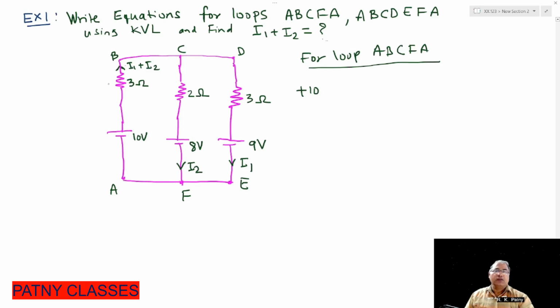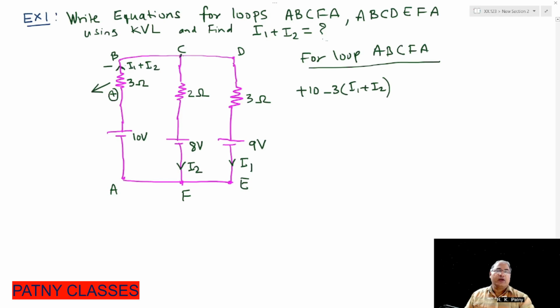Then for this resistor, we are moving in the direction of current, therefore it is plus to minus, so that is minus 3 into (I1 plus I2).